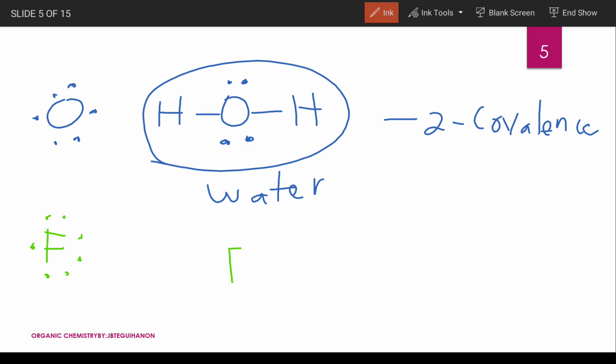So F, you have one hydrogen here on the left side. Okay, because the covalence here is 1.